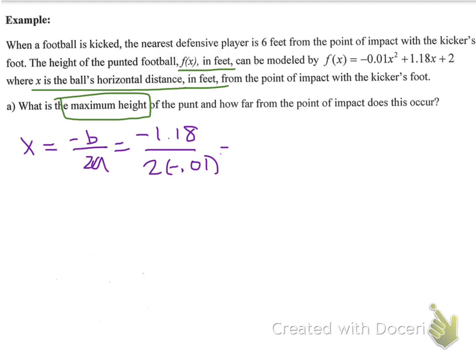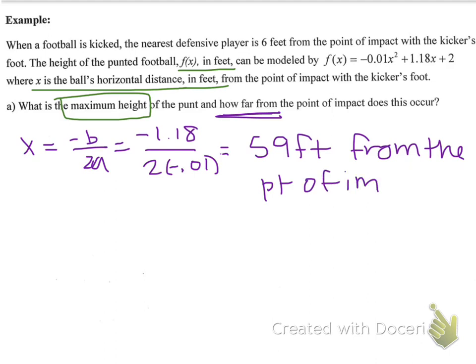And when we do that calculation, we end up getting 59 feet. Now, because this is an x value, this would be how far from the point of impact. So this would be 59 feet from the point of impact.